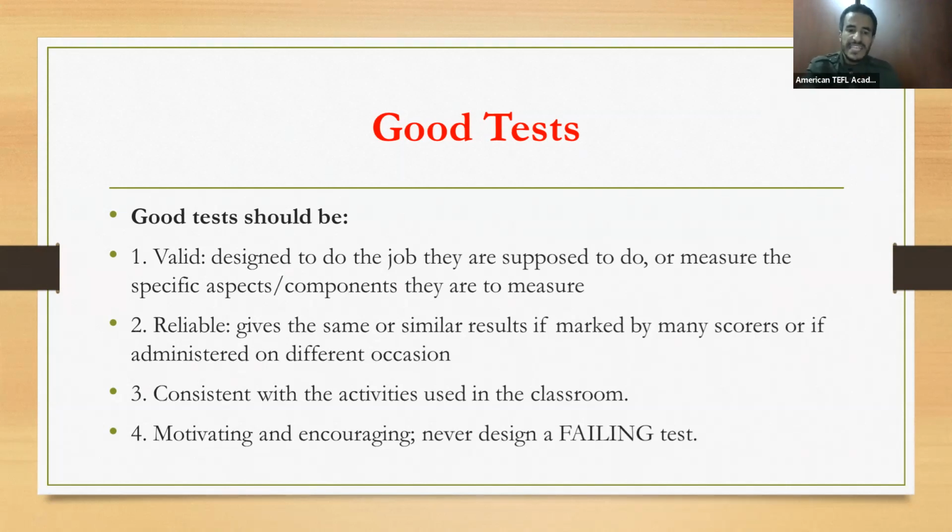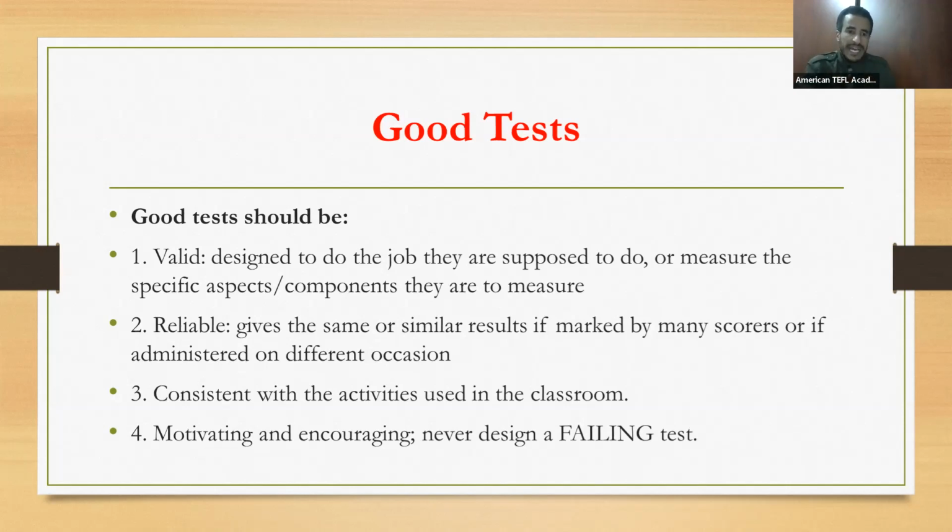Reliable tests give the same or similar results if marked by many scorers or if administered on different occasions. I'll give an example. I'm going to give a test to my learners and correct it. The majority will get above 10: so 10, 14, 15, 17, 18.